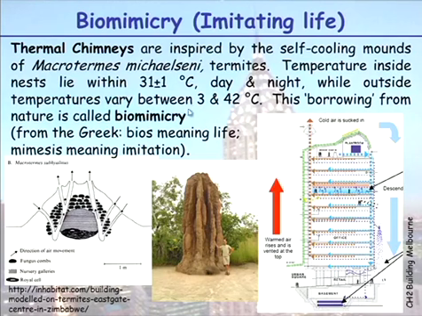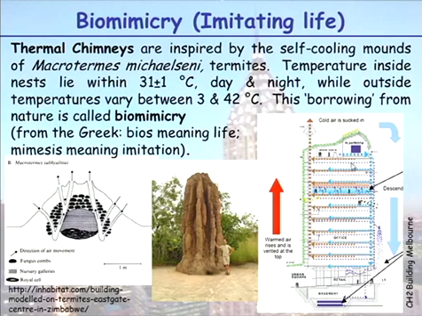Outside, the temperatures can vary between 3 and 42, but inside, the temperature never varies more than 1 degree. If you look closely at these mounds, they have all these channels created. At the top, the hot air is pulled out, and the cooler air lower down comes into the mound to keep it cooler.